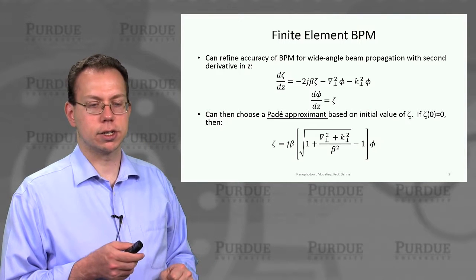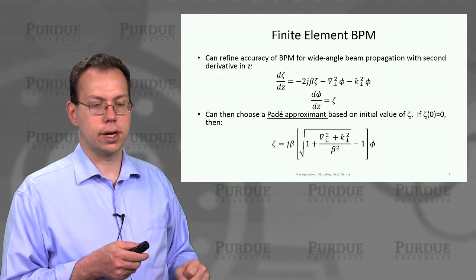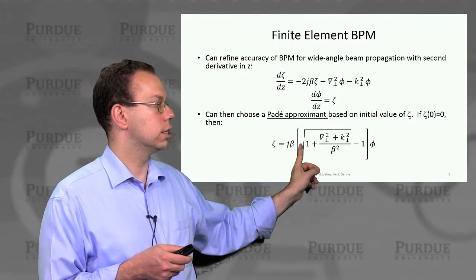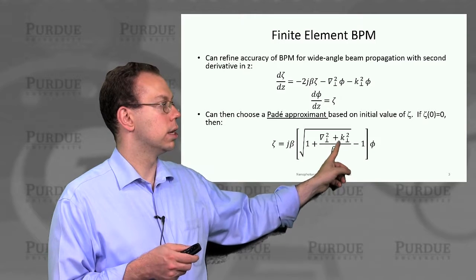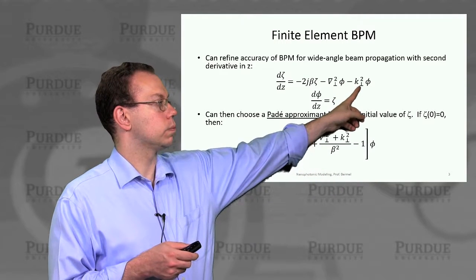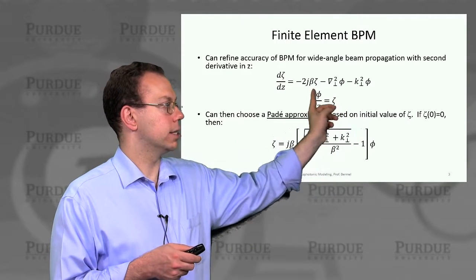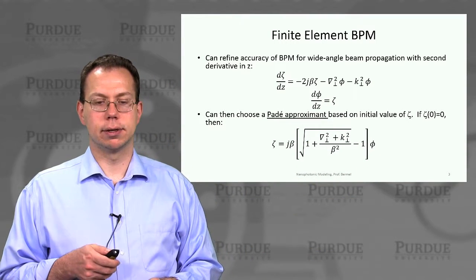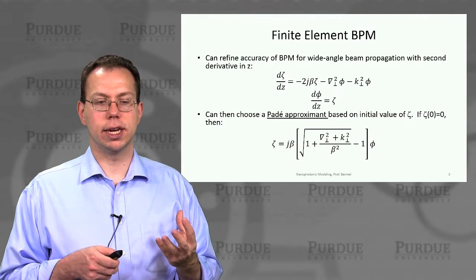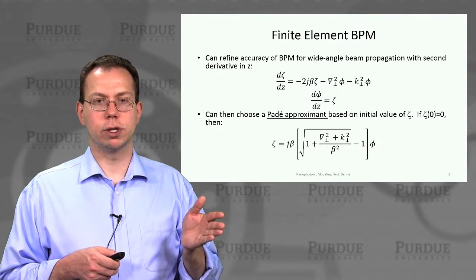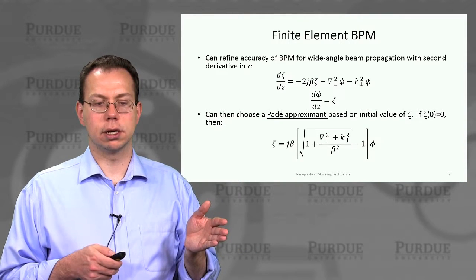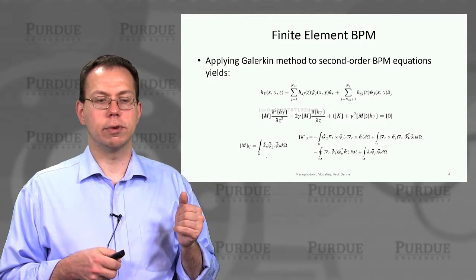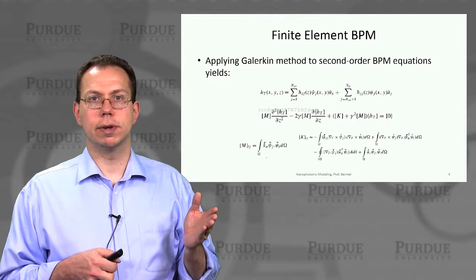And then we can analytically calculate that zeta should look something like this, which is j beta times the square root of these terms divided by beta squared minus 1 times the value of phi. This is related to applying a formal solution of phi to zeta.